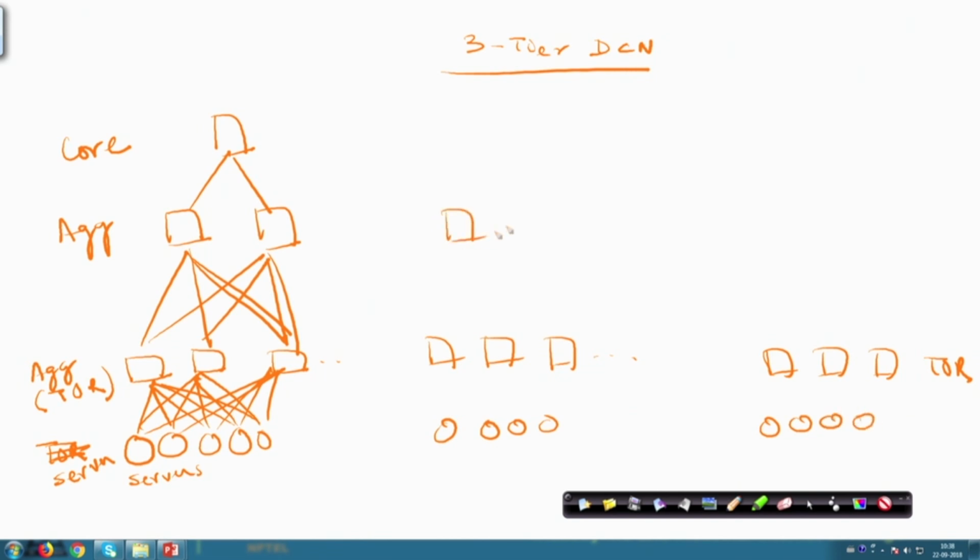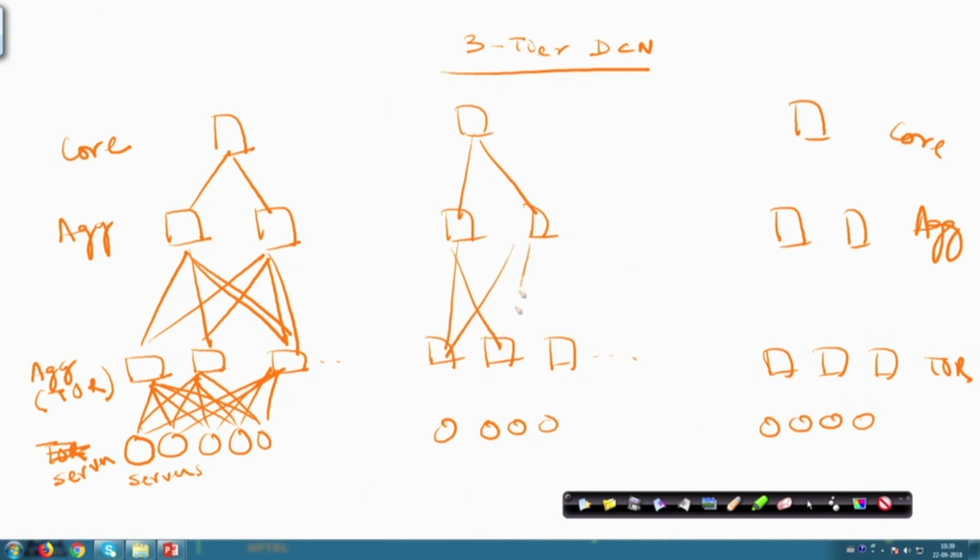Then you have your aggregator and then you have your core. This can be like this, and similarly over here as well.